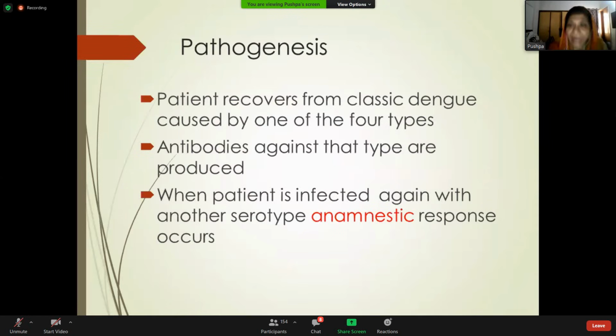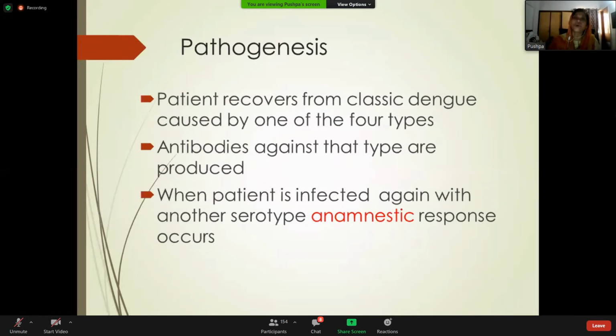So what happens here is that a person is infected by type 1 of the dengue virus and he becomes all right. Then again he is infected with another type of dengue virus, suppose we are calling it dengue type 3.